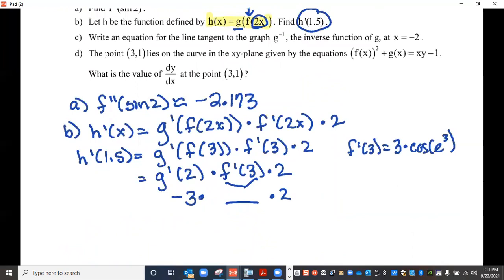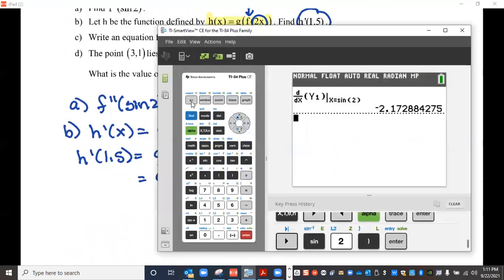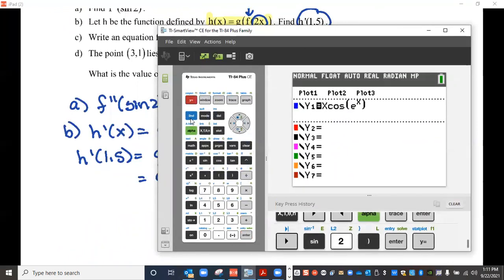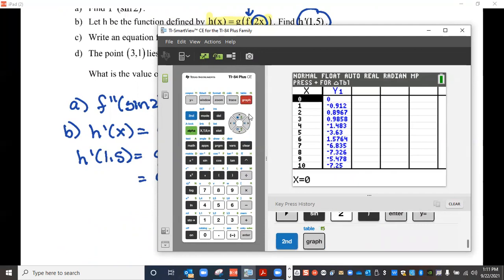Okay. So when I type this in my calculator, I've already got the equation under y1, so I can go to my second graph, save myself some time. So when x is 3, I end up at 0.986.